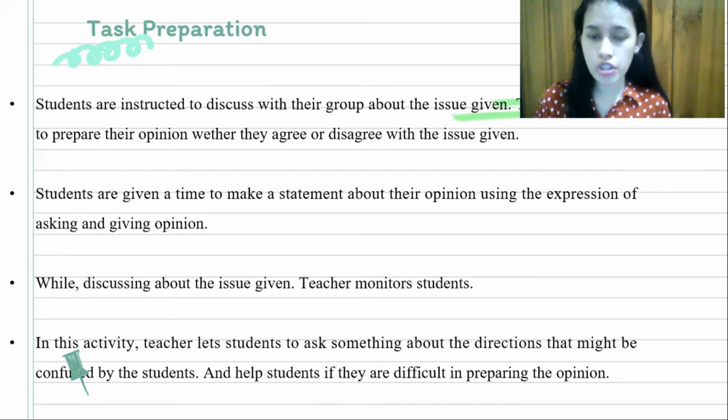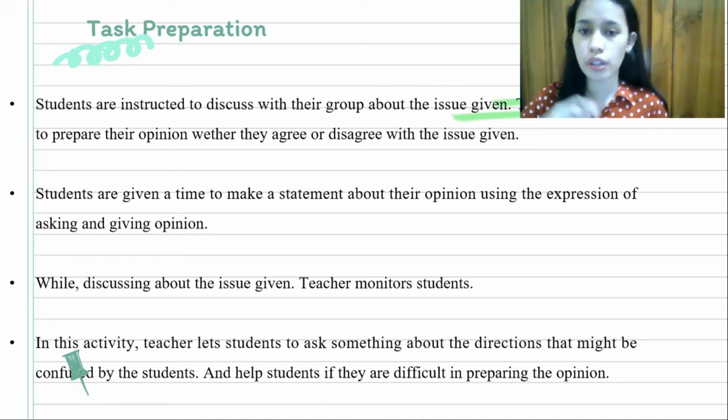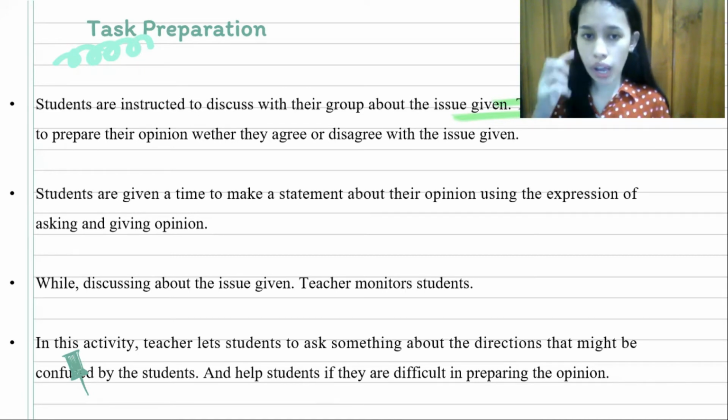In the task preparation, the students are expected to work collaboratively with their group by discussing the issue given together. They are able to share their thoughts and ask about anything they still did not understand in the instruction.